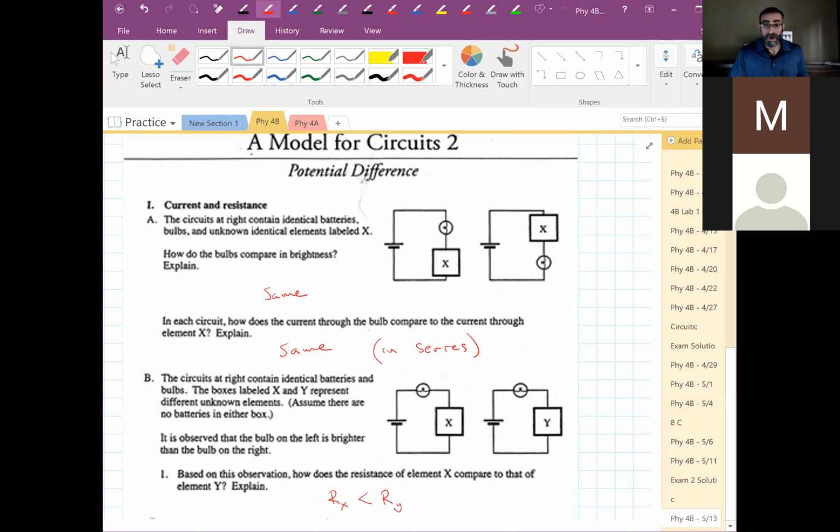Okay, so we're getting more current in the circuit on the left, the circuit with the element X in it. So that means that the resistance has to be less over there because the batteries are the same. Okay.